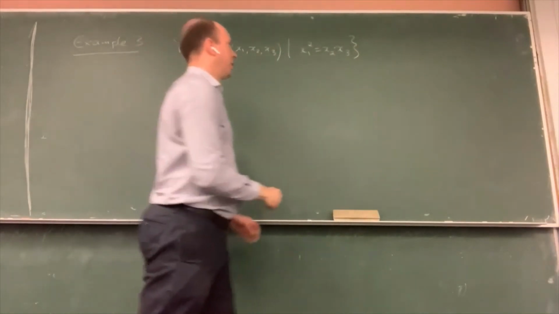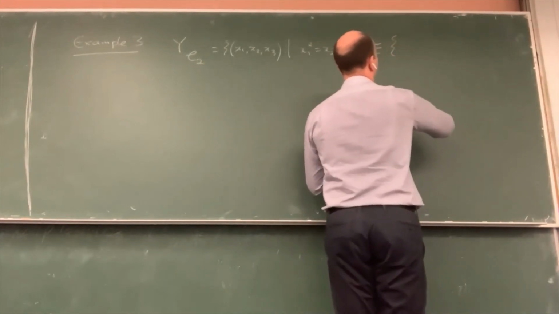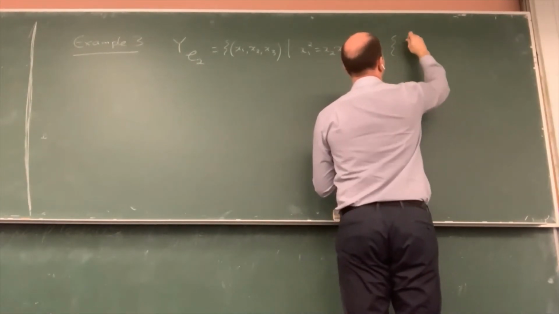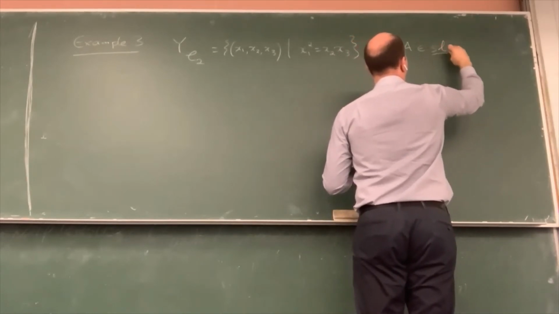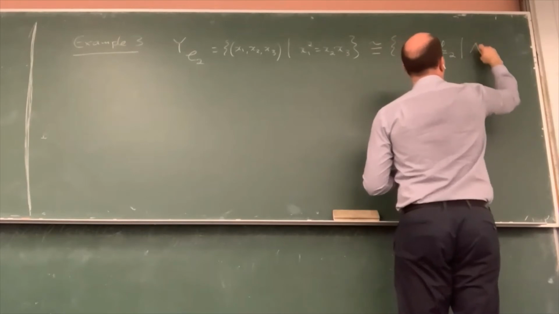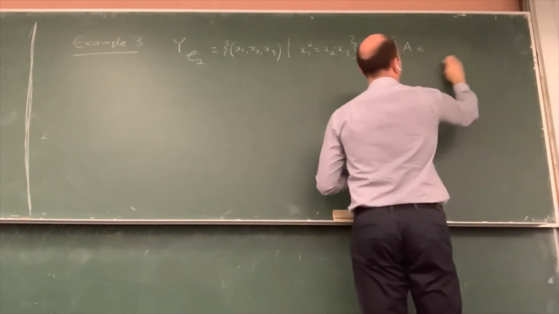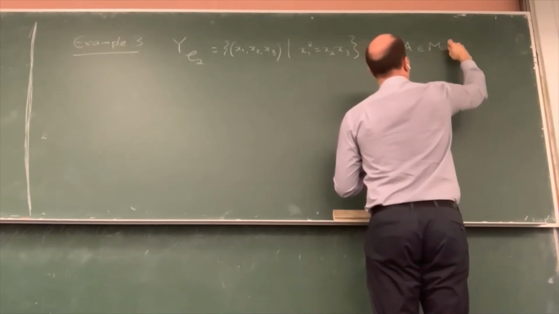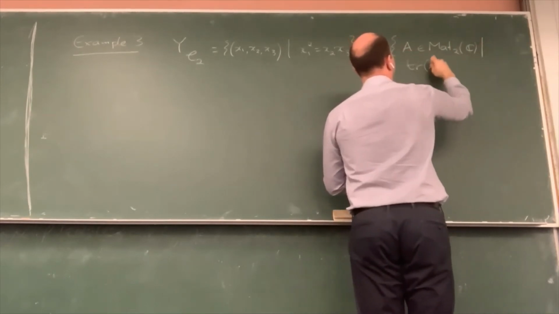And that occurs naturally in Lie theory as the set of nilpotent 2x2 matrices. So this is A inside, say, SL2, such that, well, 2x2 matrices whose trace and determinant are both 0.